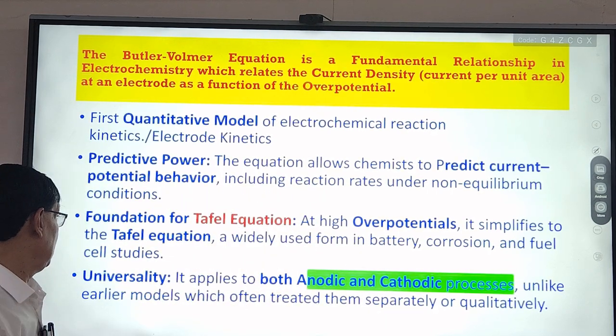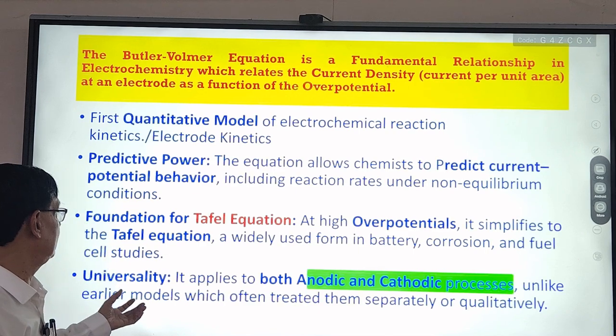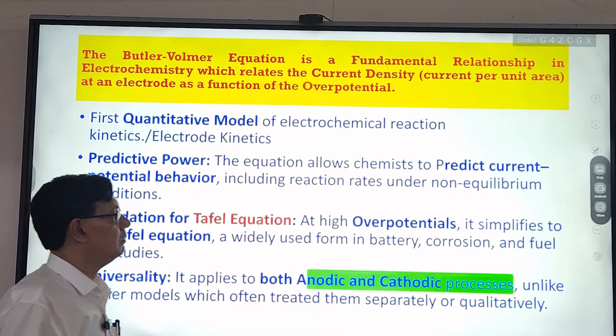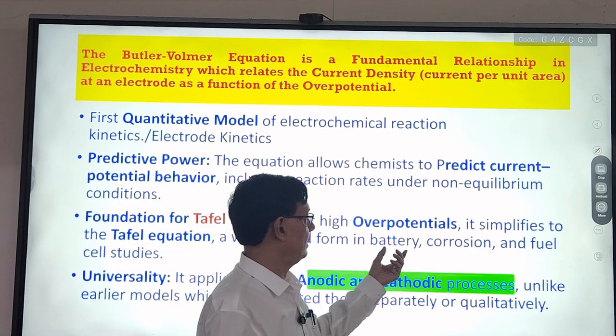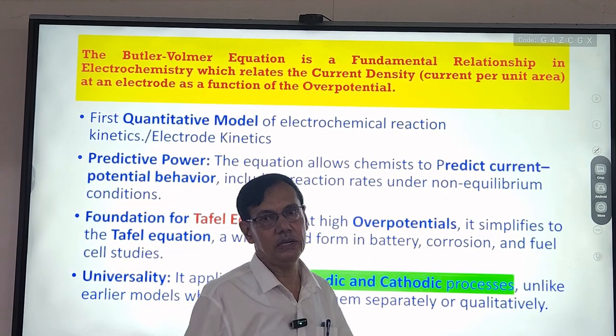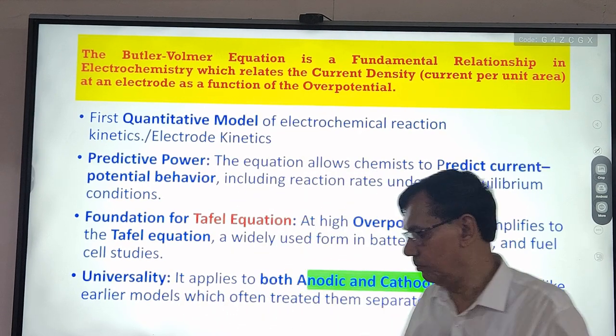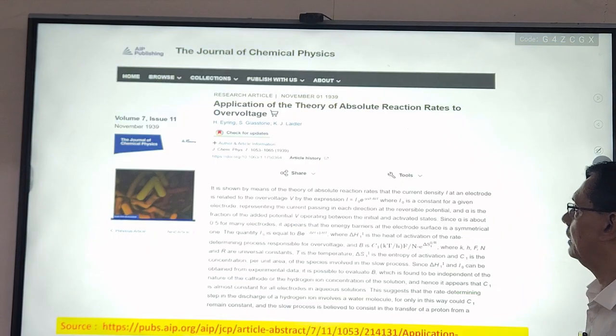And it is very, very important because it can be used for most important applications like battery, as I already told you, fuel cells and other things. So this is the simple introduction of that equation.